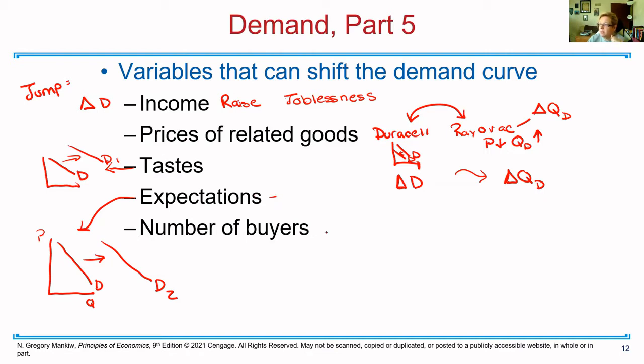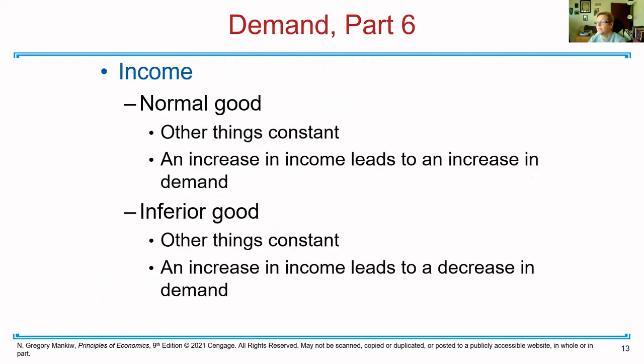Number of buyers, again, population shifts, can cause these changes in demand. So let's take a look. Let's first discuss income. Income, we break this into two categories. The first category is a normal good.